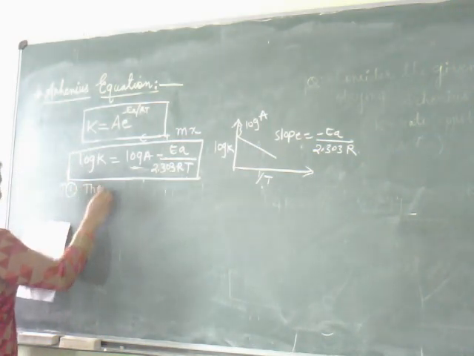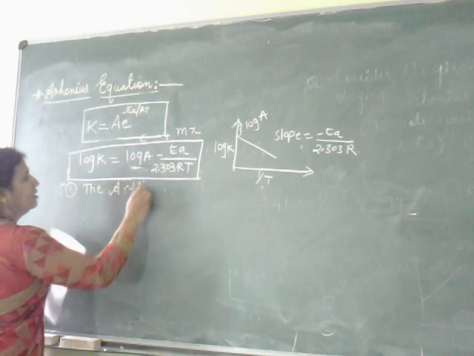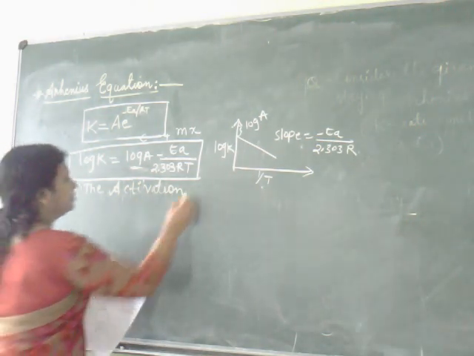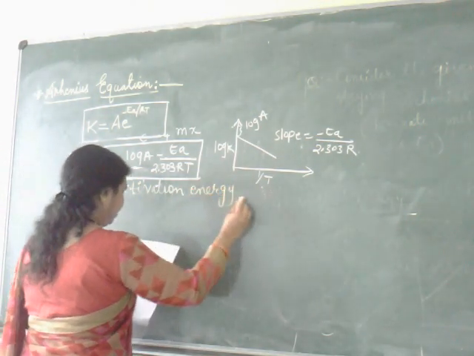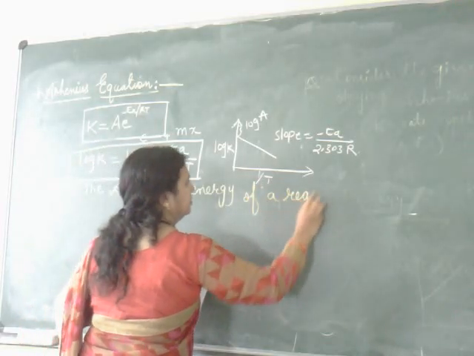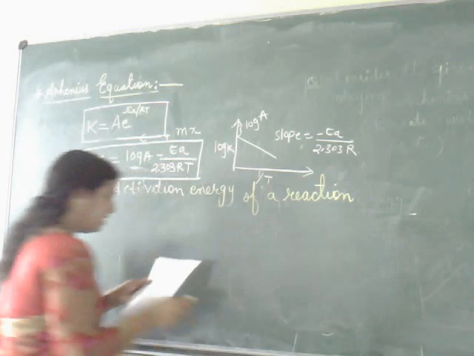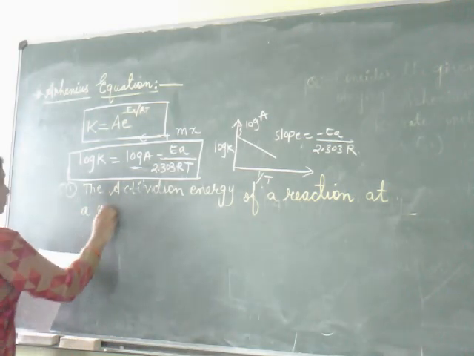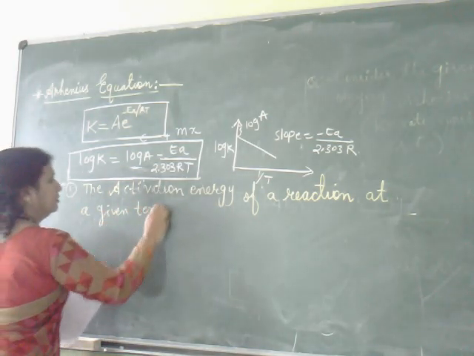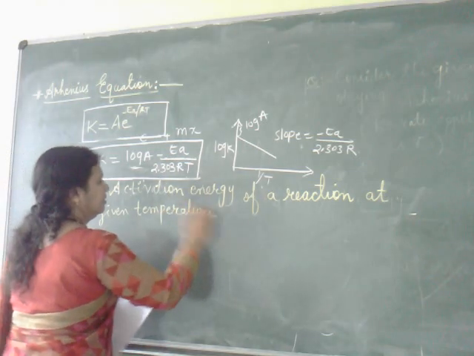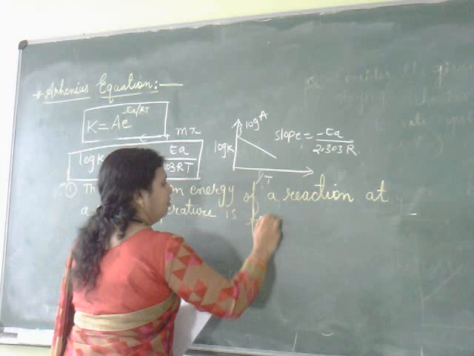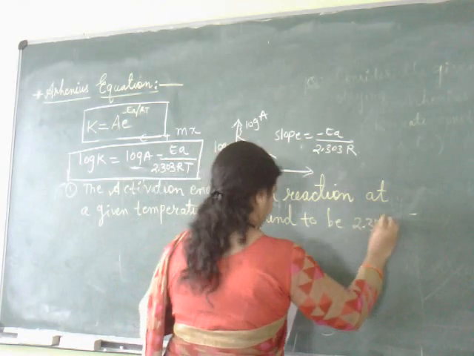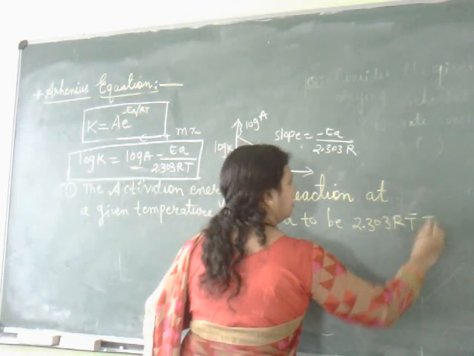The activation energy of a reaction at a given temperature is found to be 2.303 RT joule per mole.